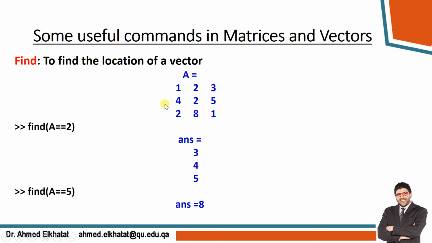So 2 is located here at 3, here at 4, and here at 5. Another example: we want to find 5. Where is 5? 1, 2, 3, 4, 5, 6, 7, 8. So if I say find a equal 5, the answer will be 8. This is the location.